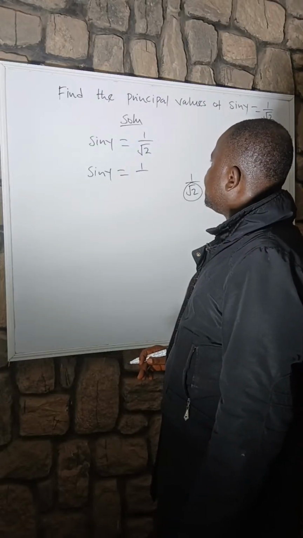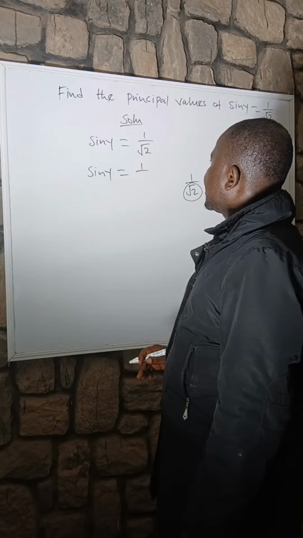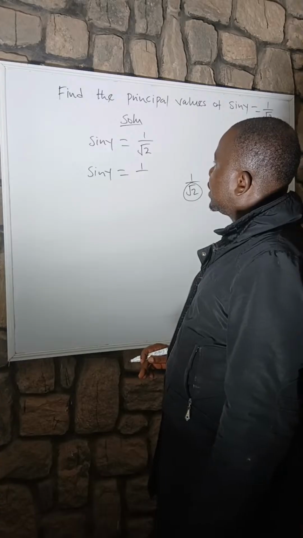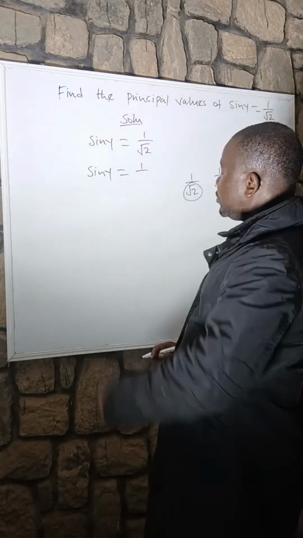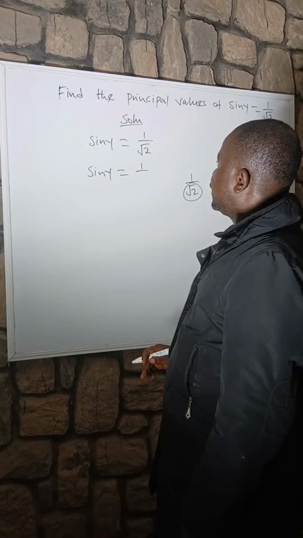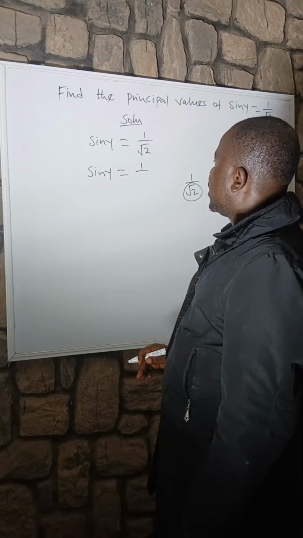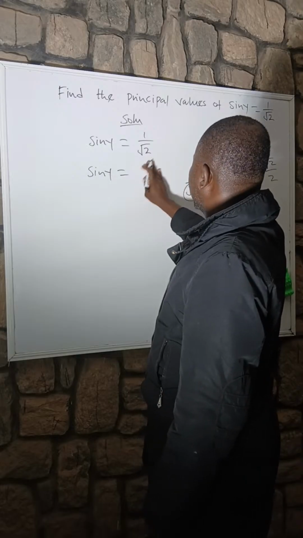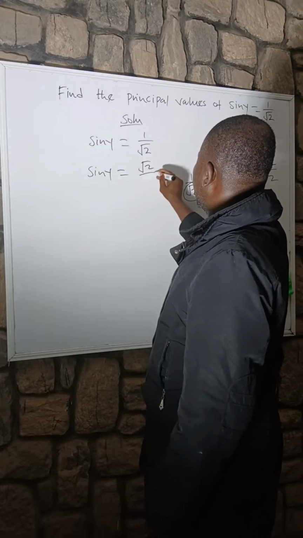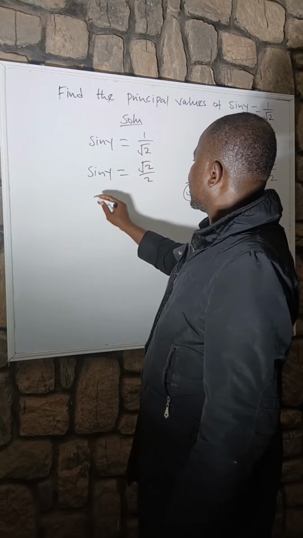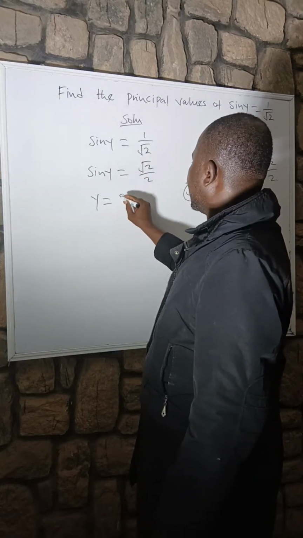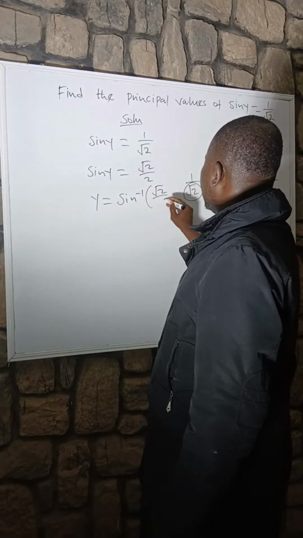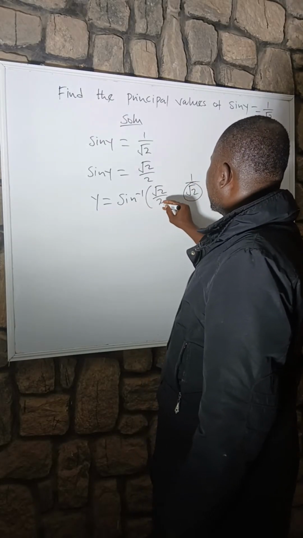We can approach it in this form: y is equal to sine inverse of root 2 all over 2.